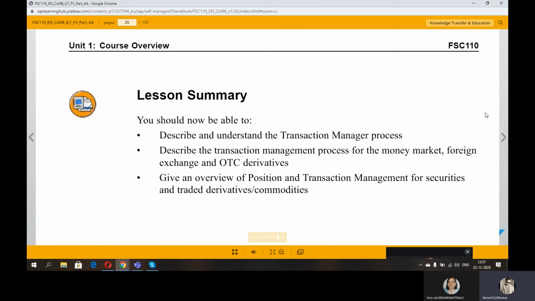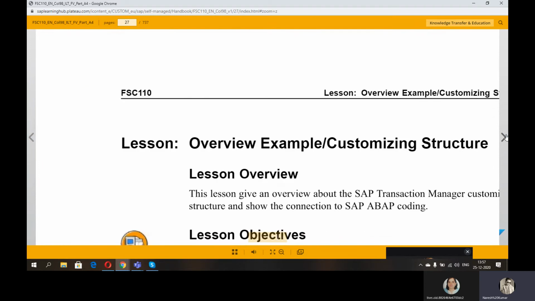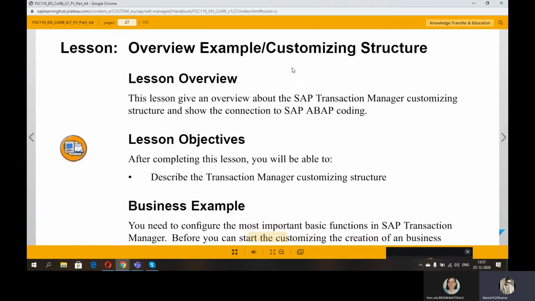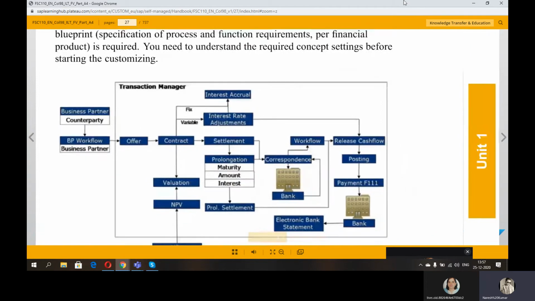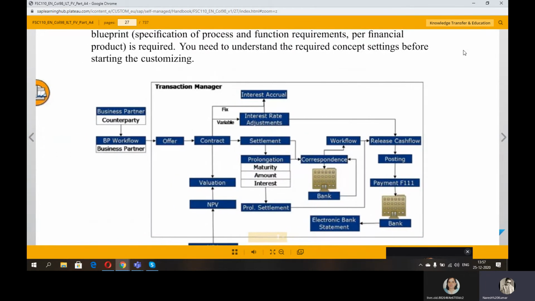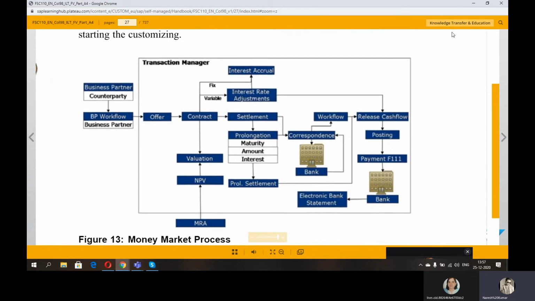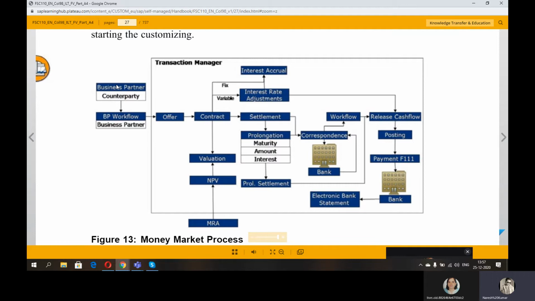So where it's exactly going to start is, let's take an example of customizing structure. So we will proceed based on a business example. Sometimes what exactly the transaction manager is, the overview. So this is the flow of how it is going to be processed. And when we are creating a business partner based on counterparty, the business partner workflow will be taken.